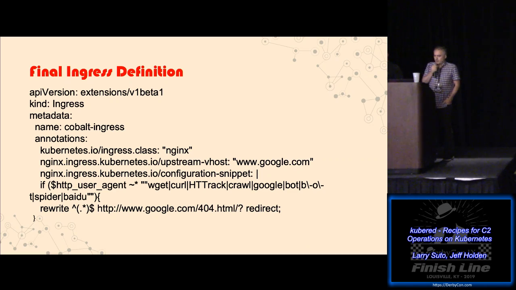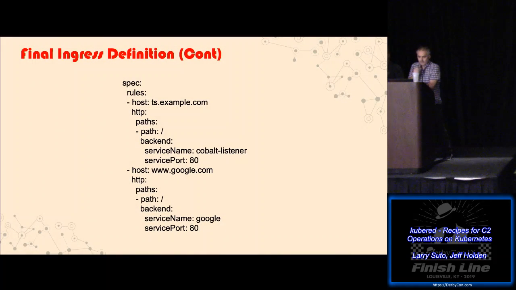This is an ingress definition, which does a match on a regular expression on the user agent. So you parse out what's important to you in the user agent, and if that doesn't match, then you basically redirect them to google.com 404. So this is just a very basic rewrite, redirection, filtering rule that you can customize for your C2 environment.